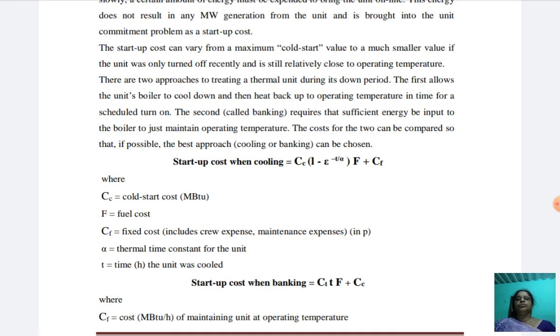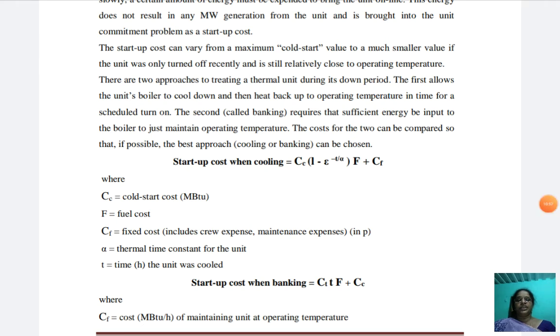So one is cooling, another one is banking. Two approaches are used in the thermal unit constraints. So the startup cost when banking is Ct·t + Cf, where Ct is the cost of maintaining the unit at operating temperature.